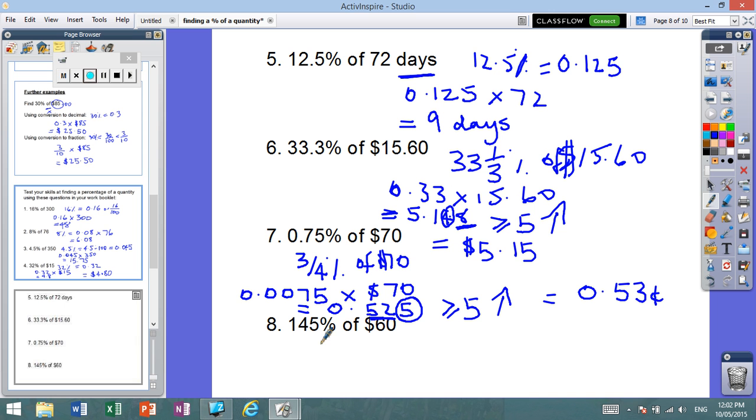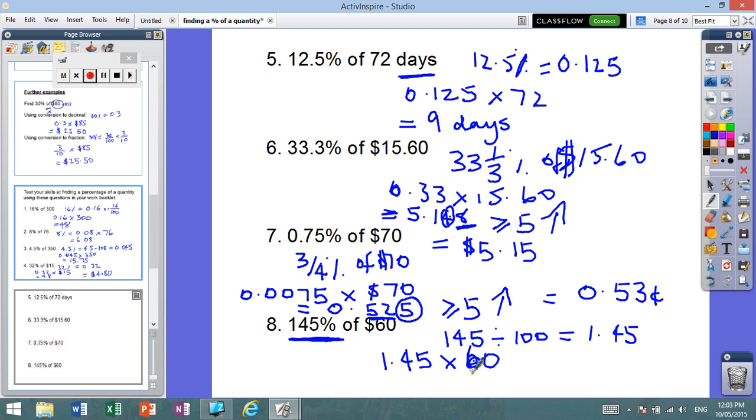So now we've got something like 145%. Changing that into a decimal, 145 divided by 100 gives me 1.45. So this should actually increase. I'm expecting a larger number than 60. So we go 1.45 times 60.